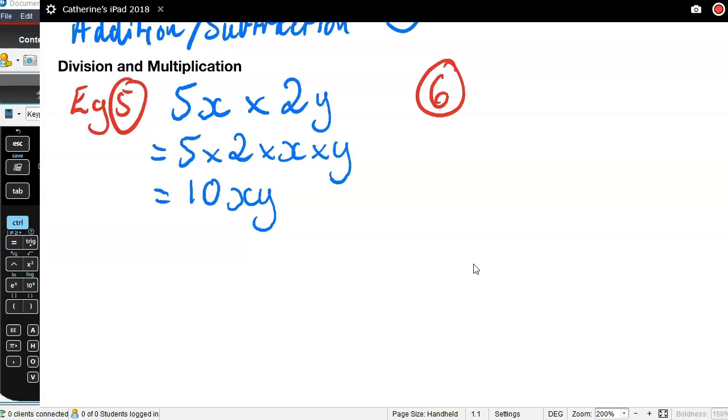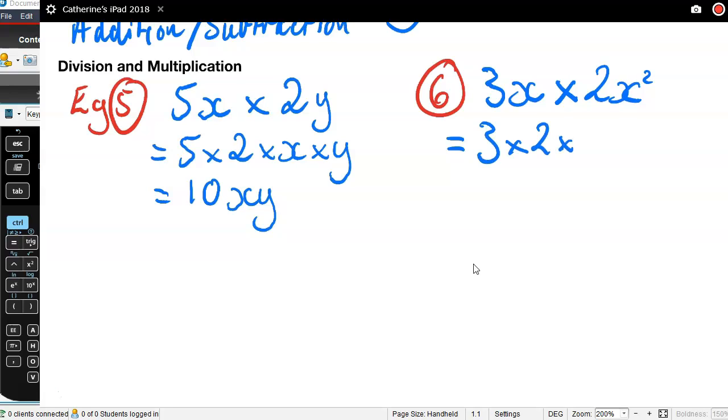Example 6. 3x times by 2x squared. Okay. Now, we've got 3 times 2 times x times by x squared. Now, 3 times 2 is 6. What happens here with the x times x squared?